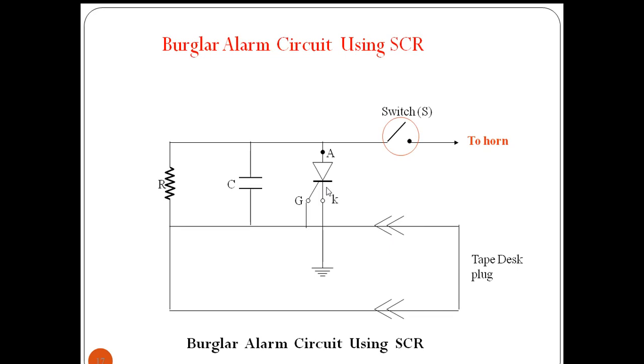The SCR is already in forward biased state, but it is not conducting as it has not received the gate signal, because the gate circuit is grounded through the tape deck plug.